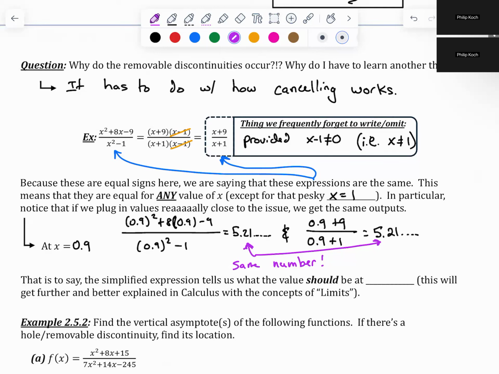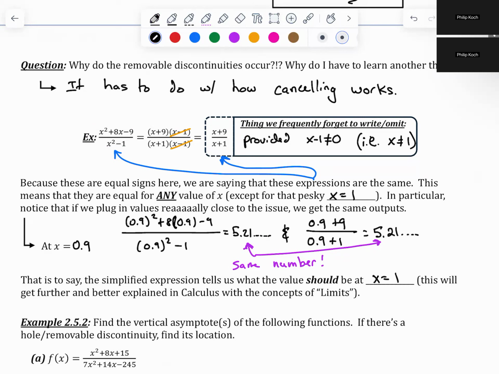And that is to say, the simplified expression, this one right here, we can plug in 1 into because it exists at 1. This one doesn't exist at 1. This one does. What this is trying to tell us is that the simplified expression tells us what the value should be at x equals 1. They are equal to each other everywhere except for that 1.